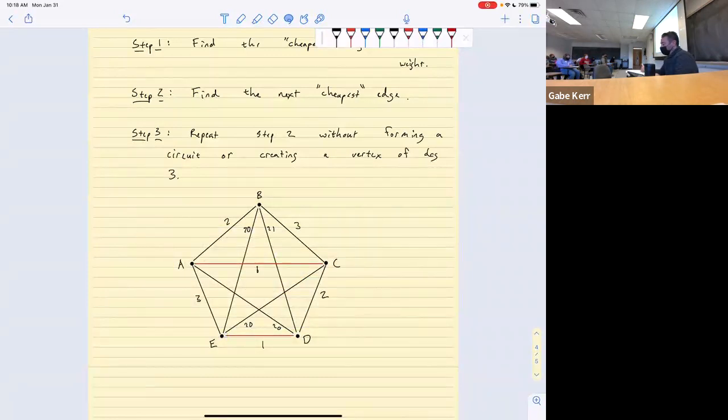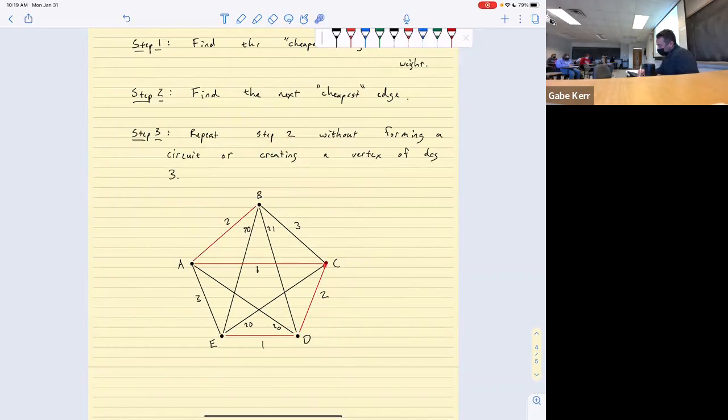Now I look at the next cheapest possibilities, and the next cheapest edges are CD and AB. I can choose either. They both have weight 2. I can choose them in sequence. So here I choose CD, and next I'm going to choose AB. And I can do all of that without creating any degree 3.